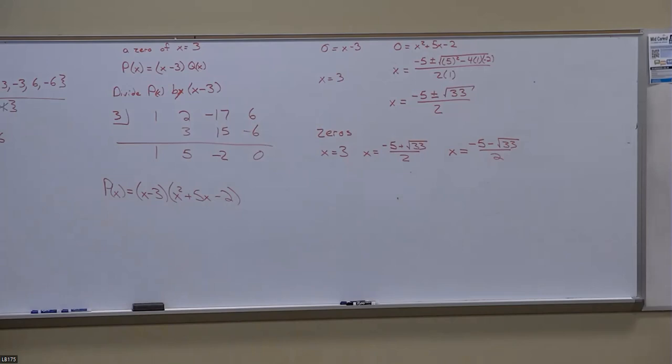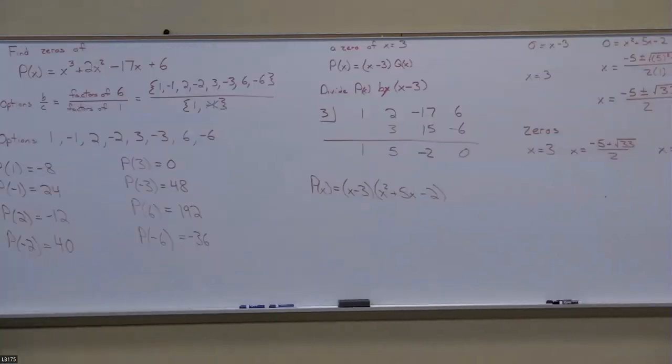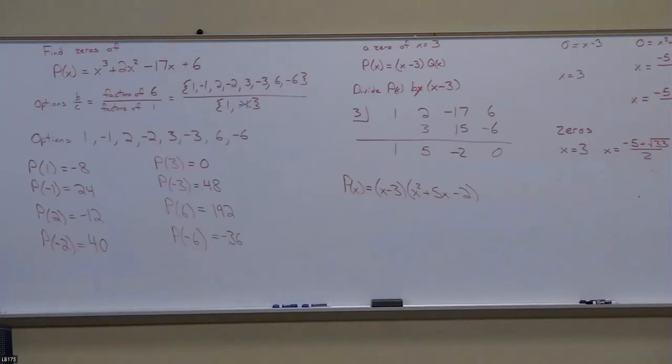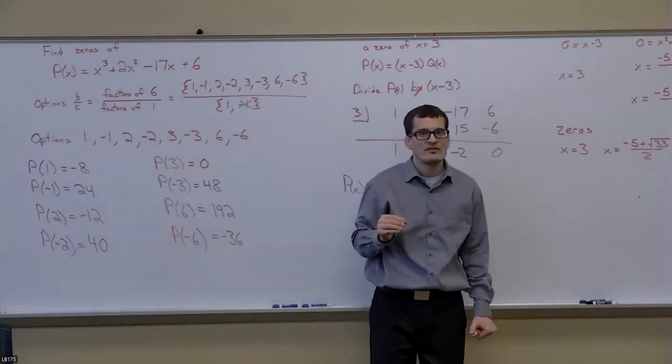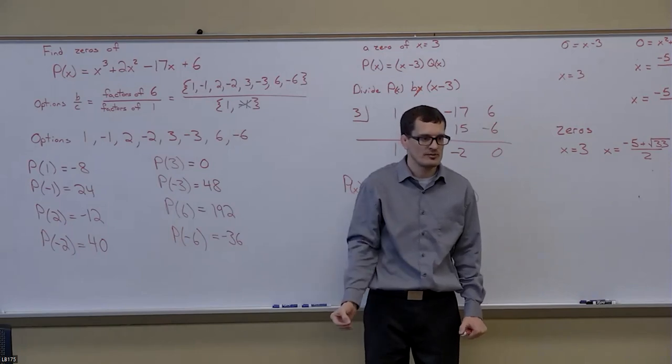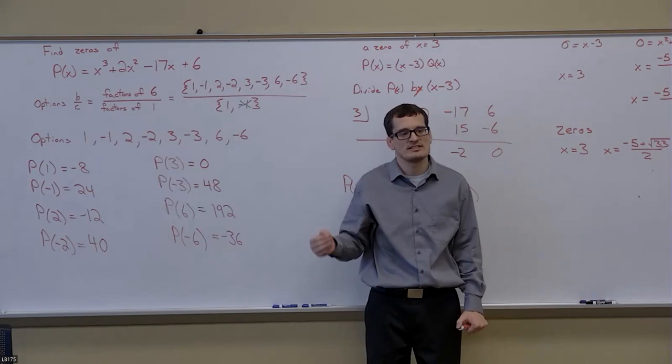So again, these are my options for rational zeros, right? But there could be other real zeros, and there could be other complex zeros.